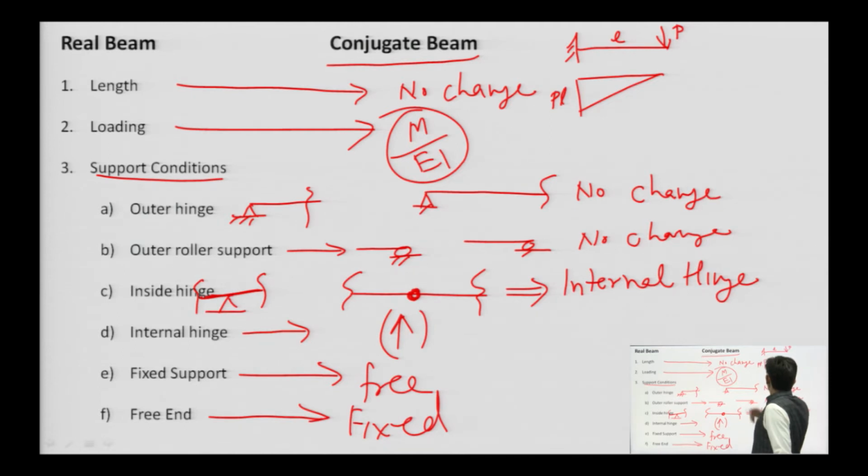If we put the load on the conjugate beam, then we will have this type of loading, and it is PL upon EI.